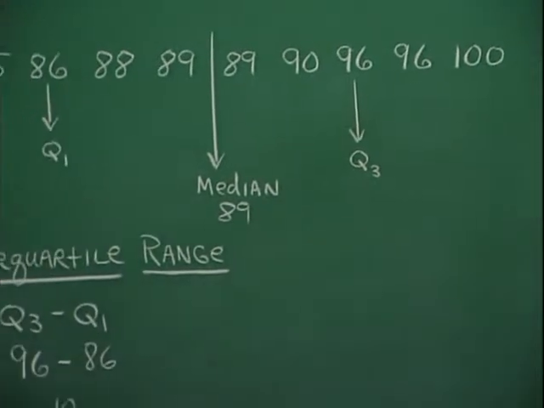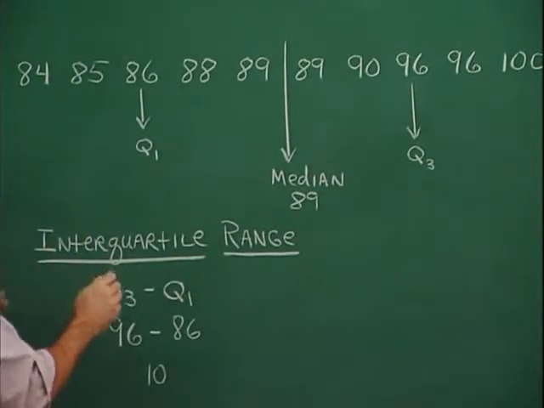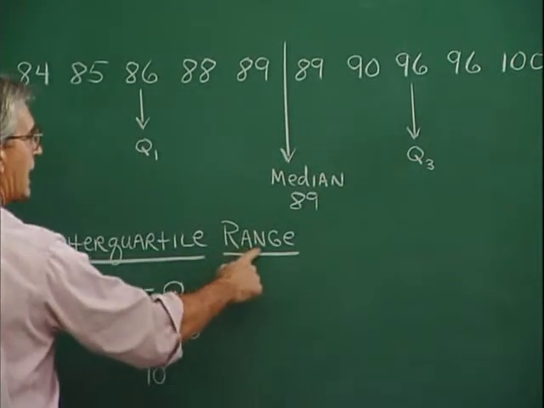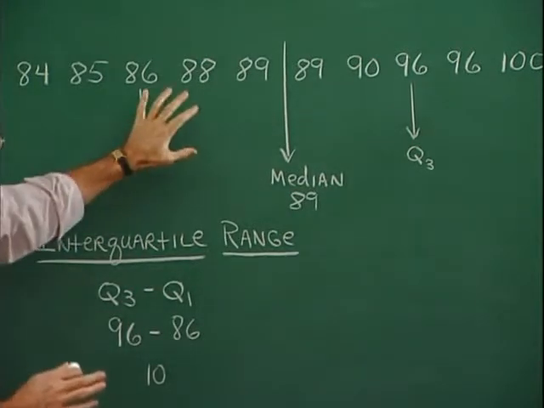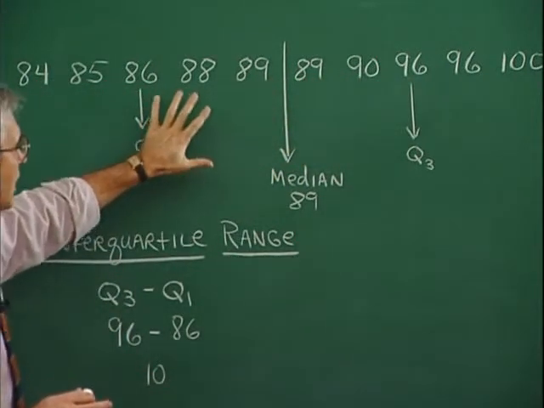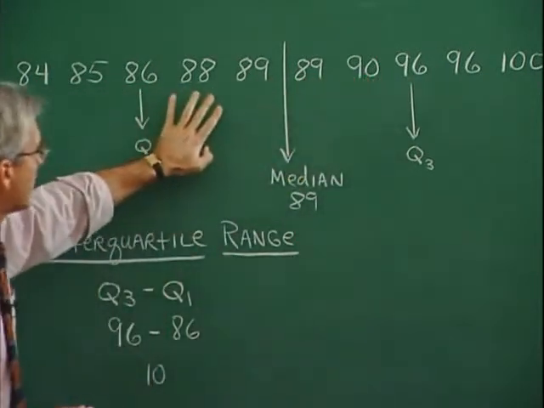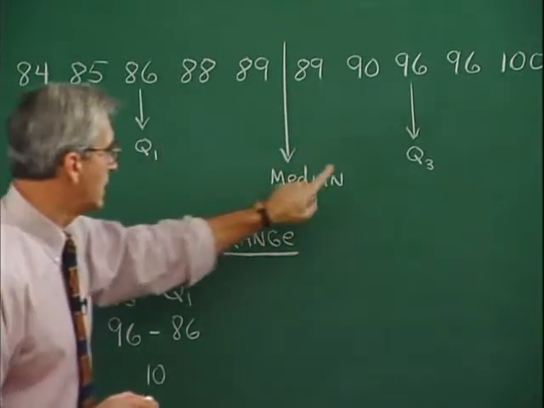Now, there is another buzzword here or another idea. It's interquartile range, and it's nothing more than the range of values that fall in the middle half of the data set. And the middle half would be this half. It would be the part of the data set that is between Q1 and Q3.